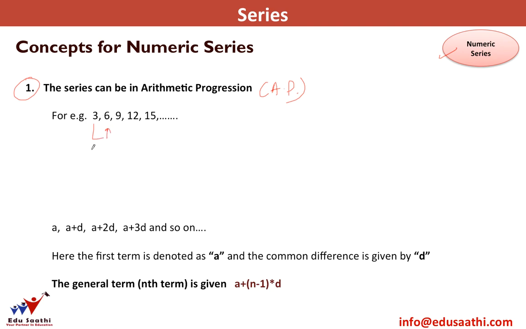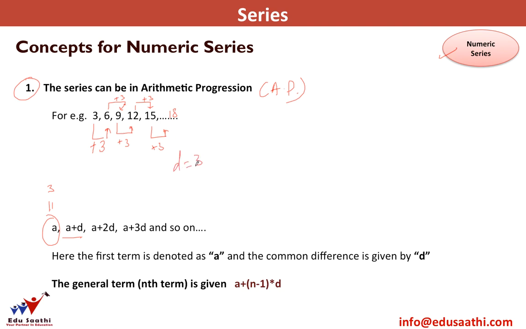So for example, I have 3 plus 3 is equal to 6, 6 plus 3 is equal to 9, 9 plus 3 is equal to 12, 12 plus 3 is equal to 15, and 15 plus 3, 18 would be the next term. So if the first term is labeled as A, this is 3 here, and the second term is A plus D, D is what here?